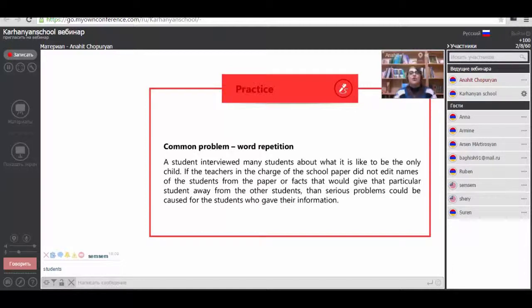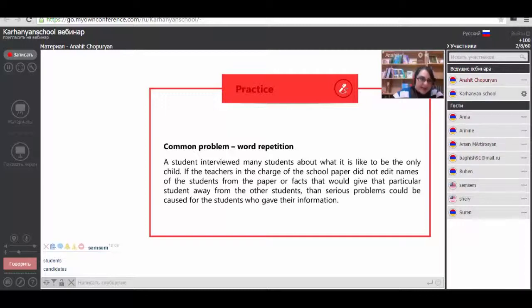Now I want you to tell me, instead of student, what other words, what other synonyms could you have used? What other nouns?